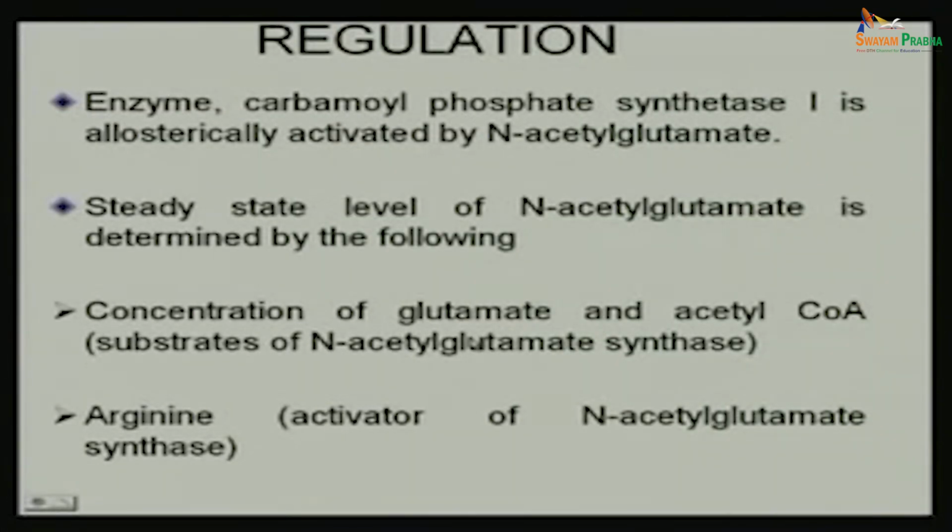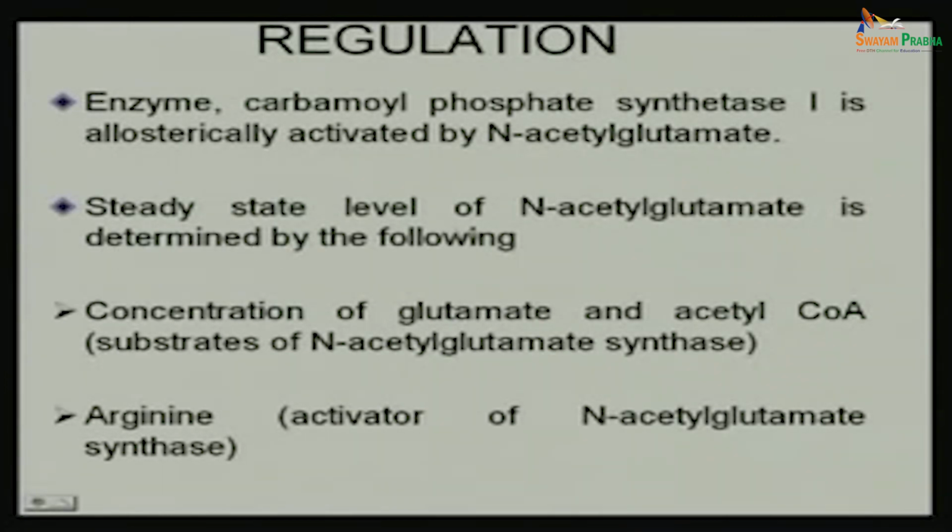Now, coming to regulation, the enzyme carbamoyl phosphate synthetase 1 is allosterically activated by N-acetyl glutamate. This is one of the very important products which is controlling the activity of carbamoyl phosphate synthetase 1.